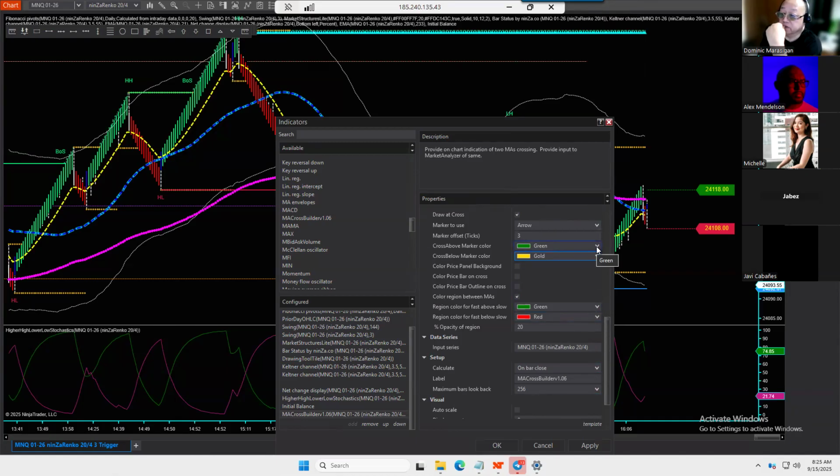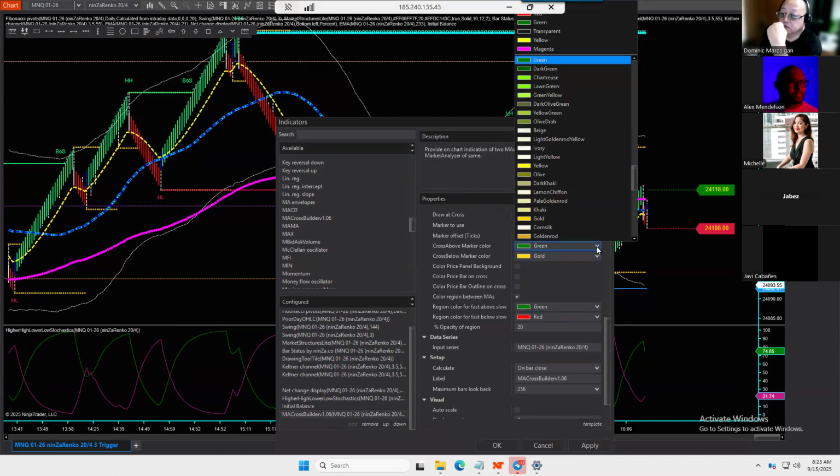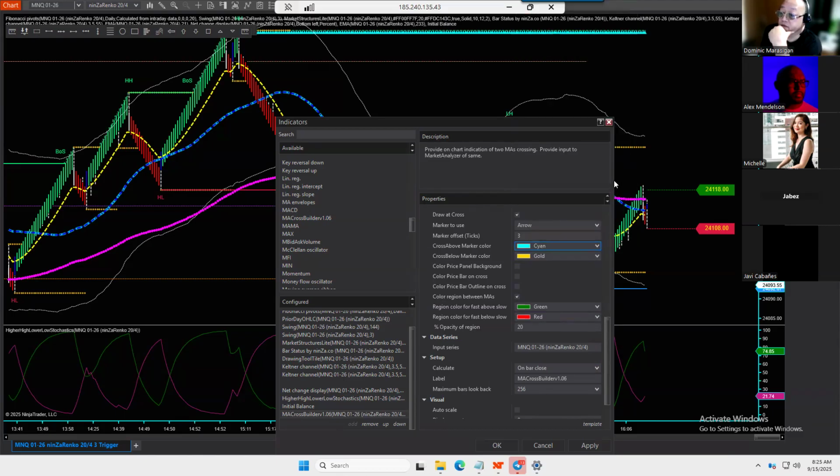This one's going to be more of a green. Cyan.